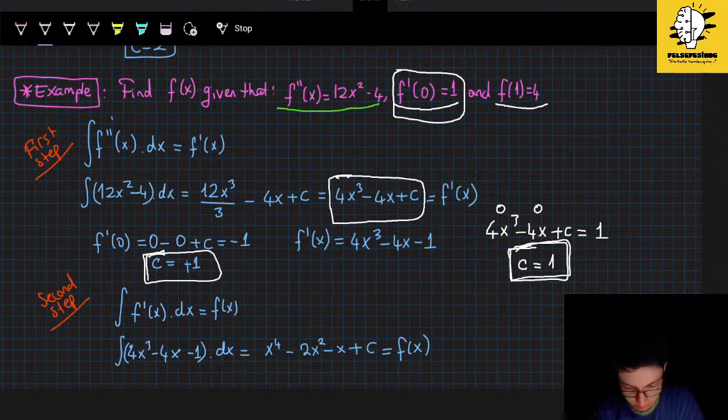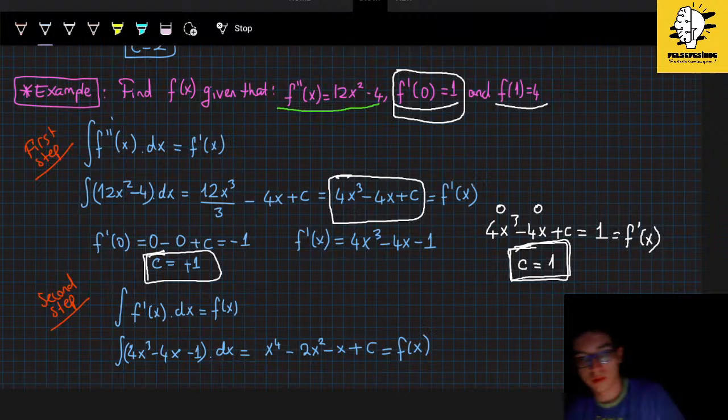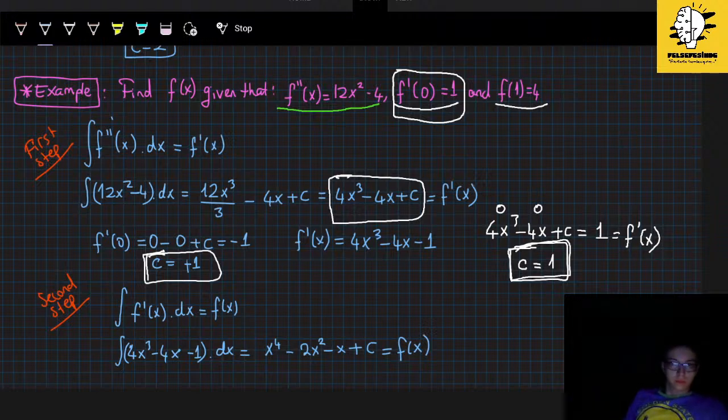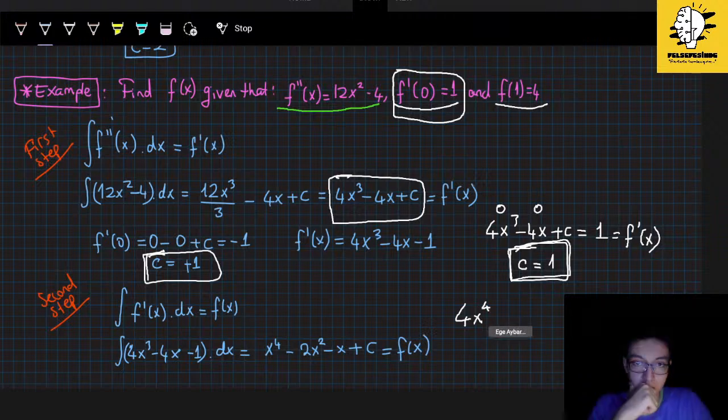Okay, so we find our first derivative, the function of the first derivative. And if we integrate our first derivative, then we will find the function itself. If we take its derivative, let's do it together. 4x to the power of 4 over 4, and then we have minus 4x squared over 2.